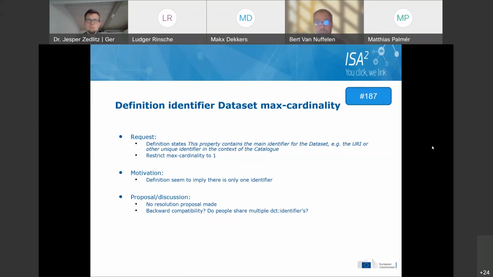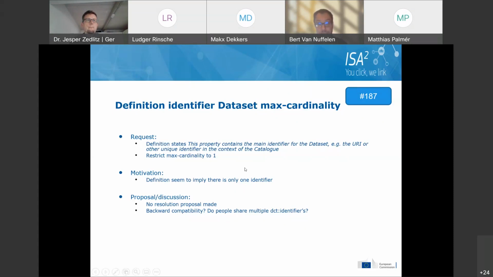The question is, of course, is this the only identifier, or are people using multiple DCT identifiers? It's unclear to us whether people are currently sharing more identifiers on DCT identifier. Note we also have other identifier properties, so there is potential to add more identifiers.